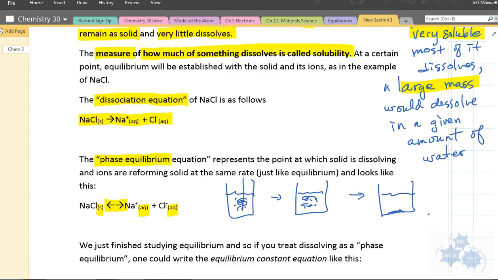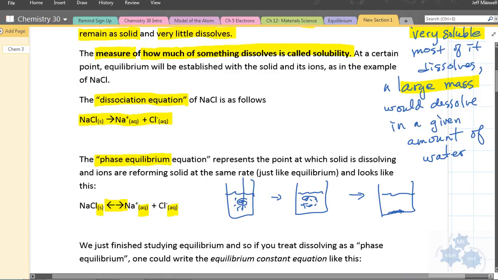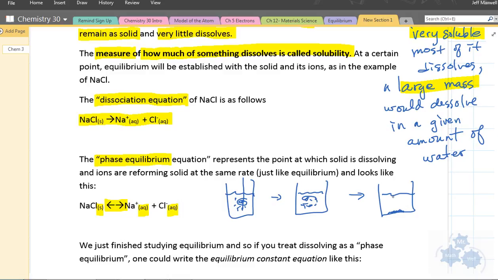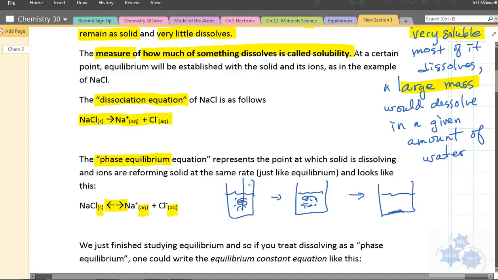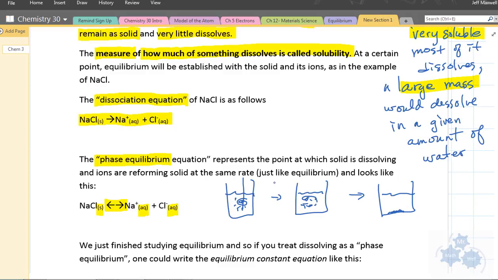You're going to have all this sugar at the bottom, or in this case, all this salt at the bottom. What's happened there is the maximum solubility has been reached, and you've added more mass than can be dissolved in that given volume of water. So if it all goes away, there's still more that can be dissolved.